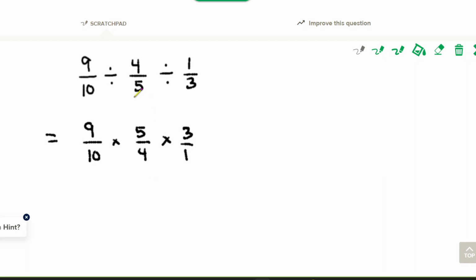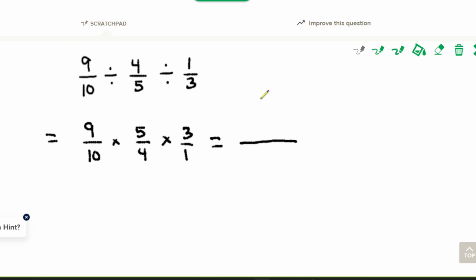Again, if there were parentheses around some of these, I would do one of them first, or if there was a divided by a sum or whatever, it could get more complicated. But if it's just simply divides, you can rewrite the division as multiplication by the reciprocal. So now that I've done this, change this to a multiplication problem. Remember in example 3, when you multiply fractions, you simply multiply the numerators, multiply the denominators, and then simplify if necessary.